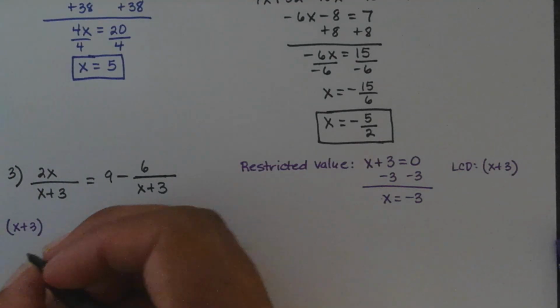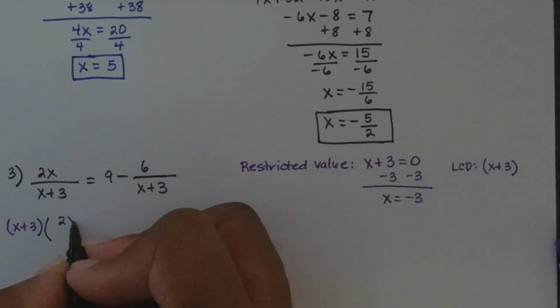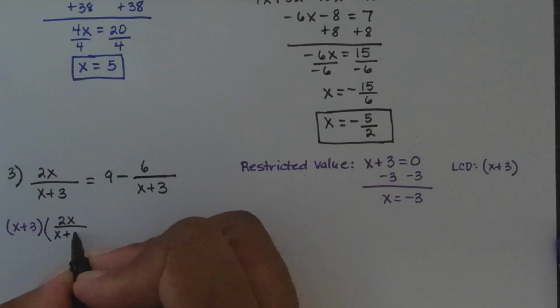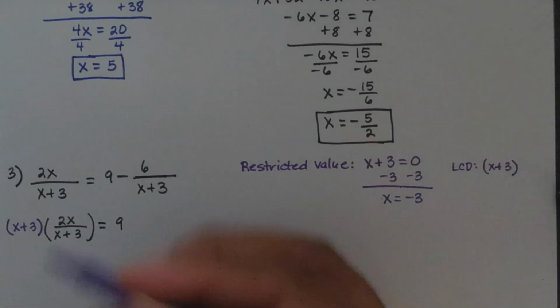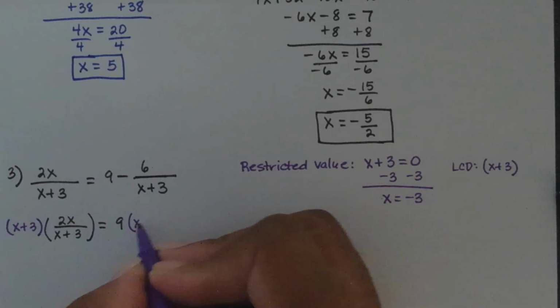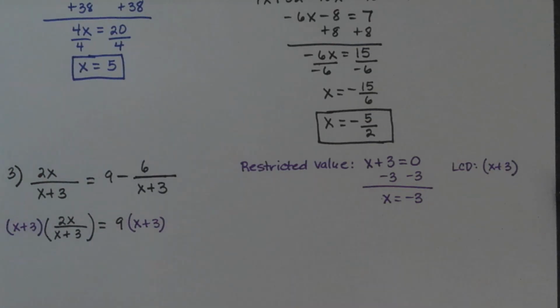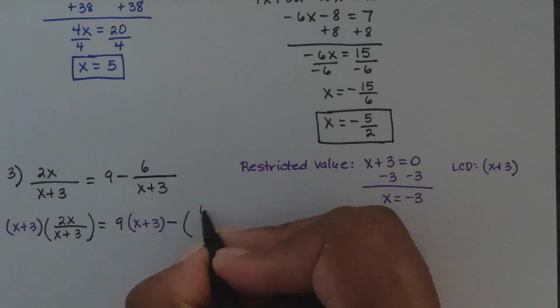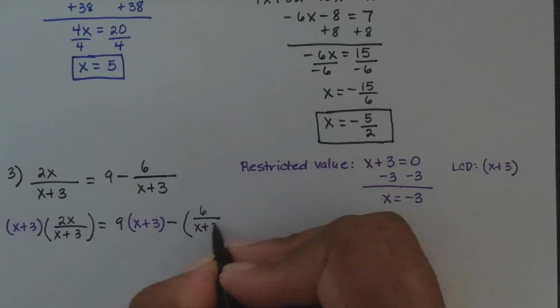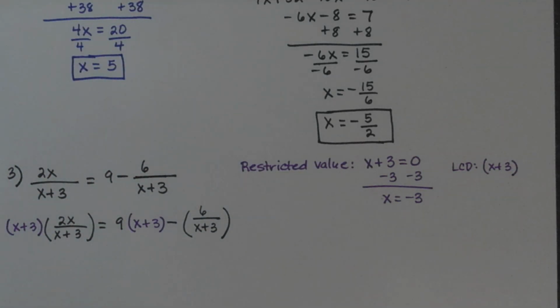So the x plus 3 will be multiplied by 2x over x plus 3. That's equal to a number, bring down the 9. That will be multiplied by x plus 3, minus the 6 over x plus 3 will be multiplied by x plus 3 as well.